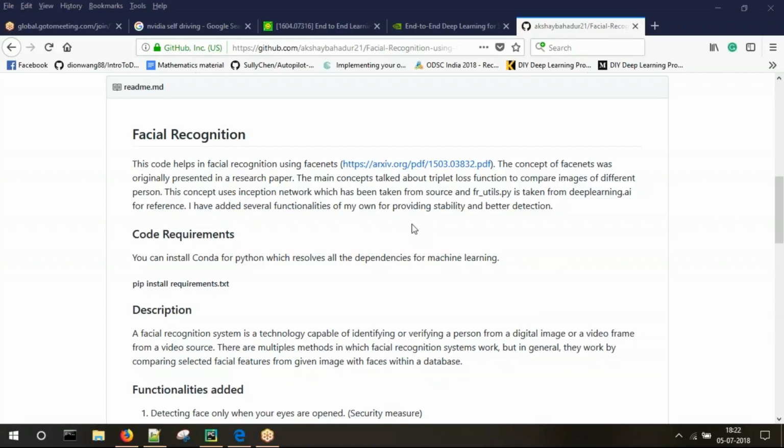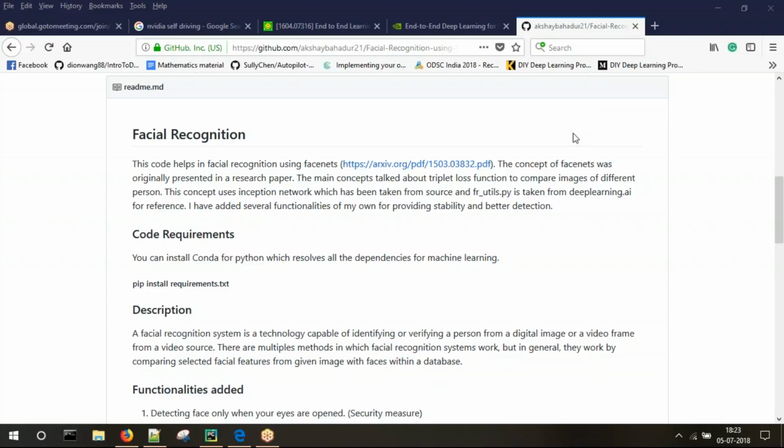One functionality that I particularly added was that it should recognize whether your eyes are open or not. So let's say your eyes are closed and you are looking at the camera. At that time it will say that the person is not looking at the camera, so it will not let you through. I took the inspiration from the Apple iPhone X model, in which they have done the same thing.